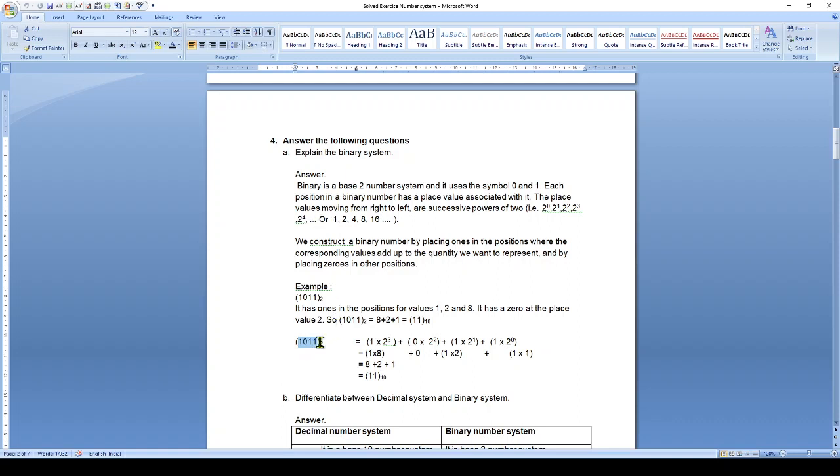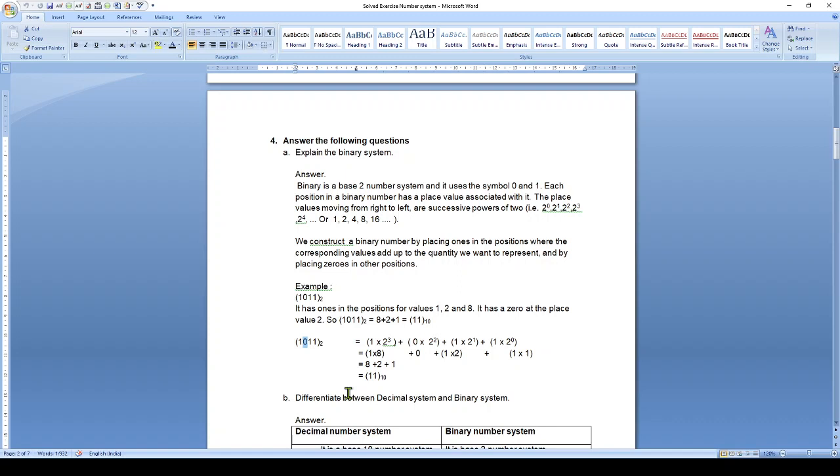However big the representation is, you have to go on counting, like from 2 to the power 0, this one is 2 to the power 0, right? The next one is 2 to the power 1. Next there is a 0, it is 2 to the power 2.